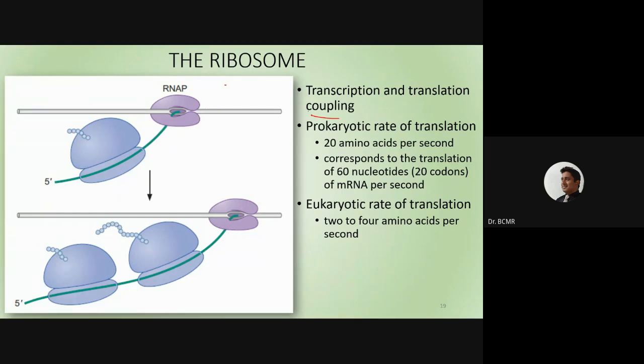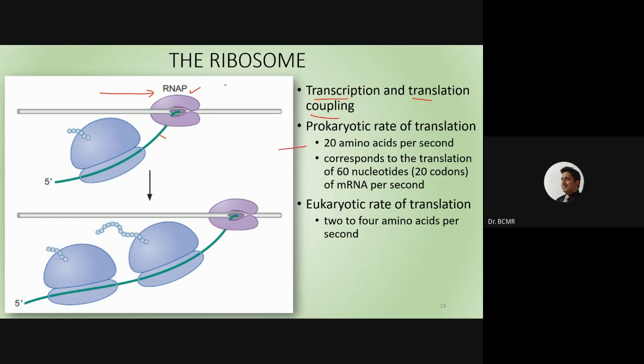And in prokaryotes you have transcription and translation coupling, in the sense that transcription is happening this way by RNA polymerase, mRNA is being synthesized, and translation already resumes on the mRNA. So that is what you call coupling of transcription and translation.